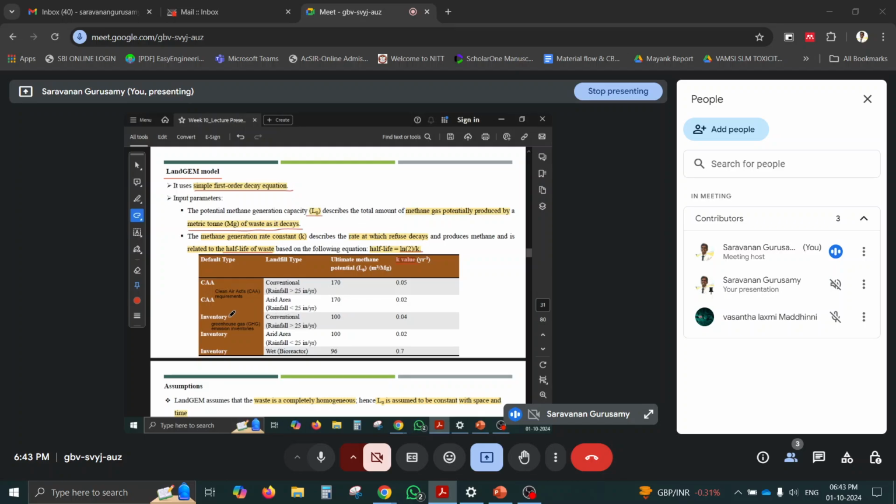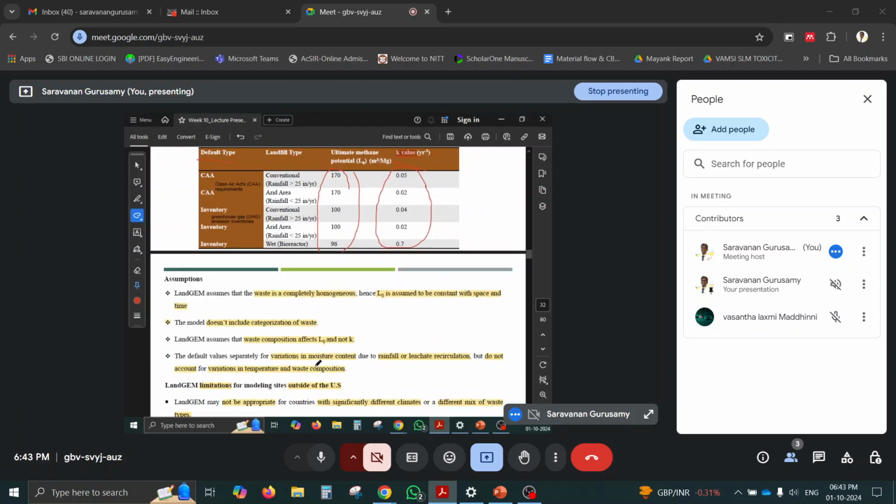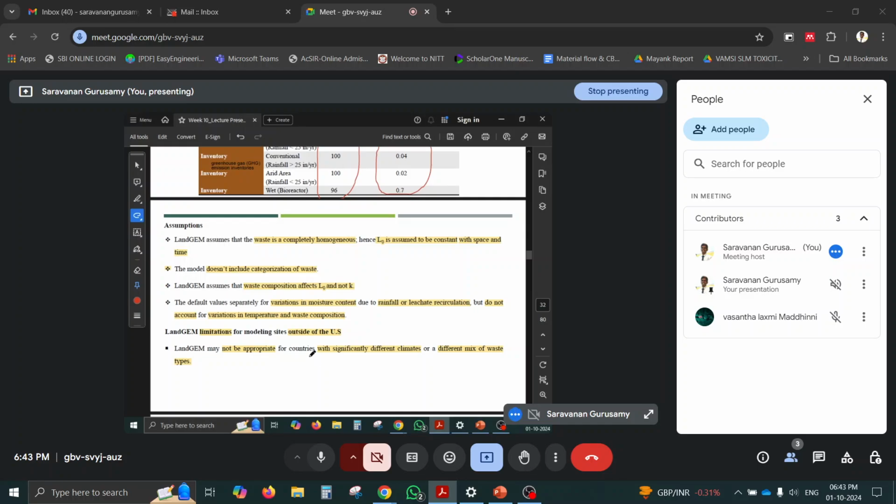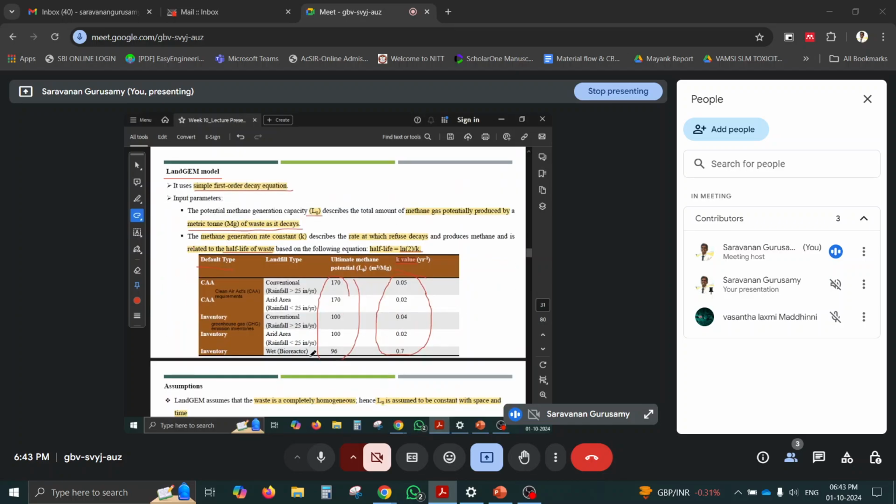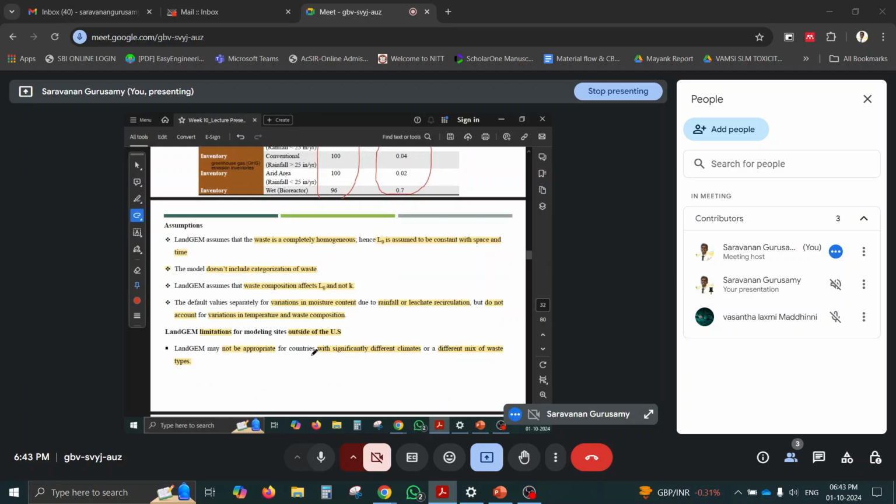Then there is the conventional type for inventory, arid type and wet type. Wet is bioreactor type. So all have this much L naught value, and this is the K value for the different landfill types. Considering the different default parameters, we can easily find the K value and the L naught value. But this applies only to US conditions, because LandGem was developed by EPA in the USA.